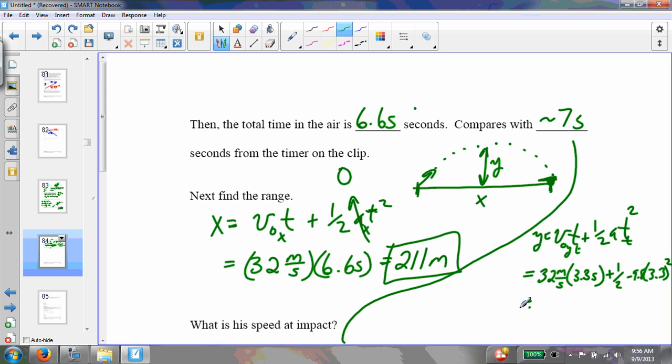All right, let's see. That's 106. Actually, keeping proper sig figs, 110 plus, or rather minus 53.